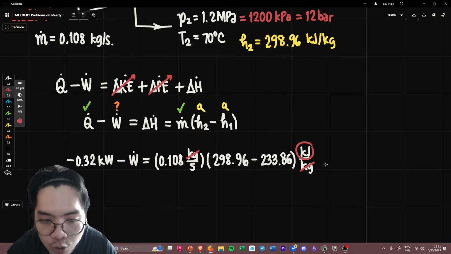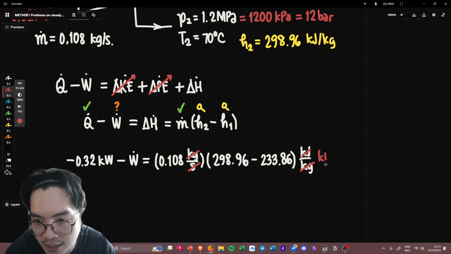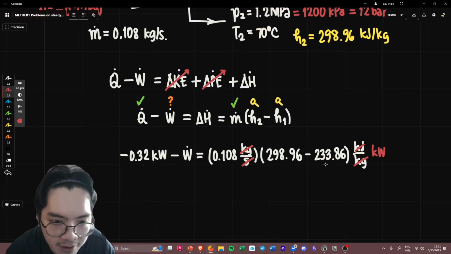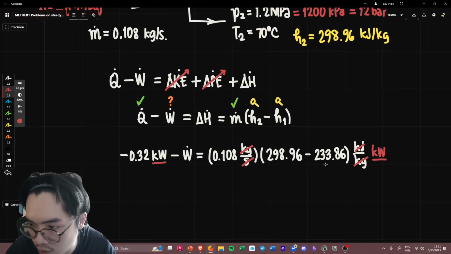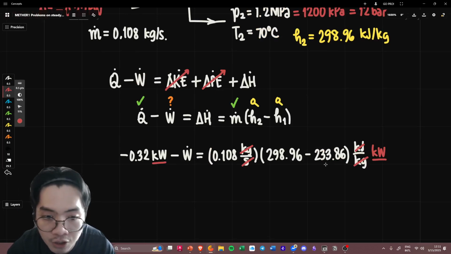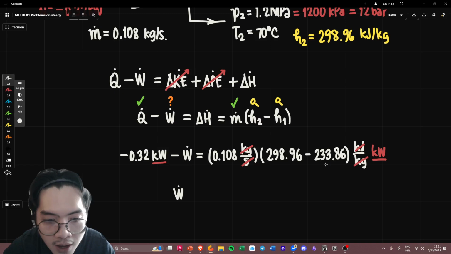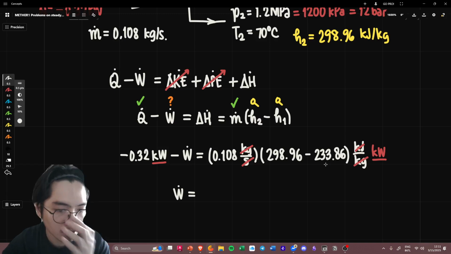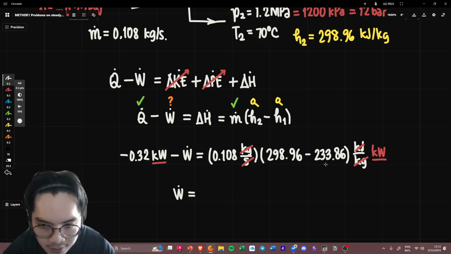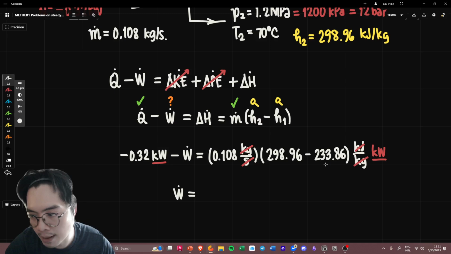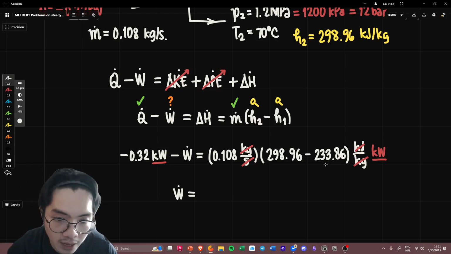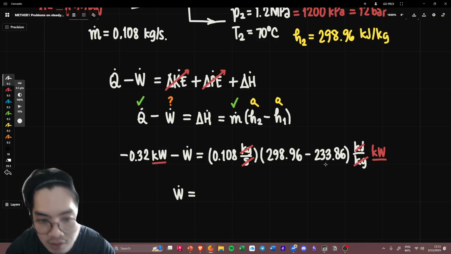And this kilojoules per second will cancel out, giving us a kilowatt. So everything in here is in terms of kilowatts, so we don't actually need to worry about the units. We know that your W in here should be in terms of kilowatts. So if we solve for W either by shift solve or what have you, I will prefer to do this algebraically so that I can stall for some time, right?